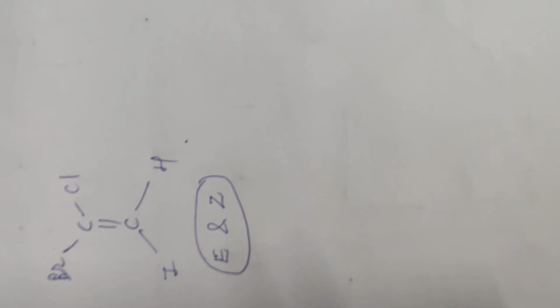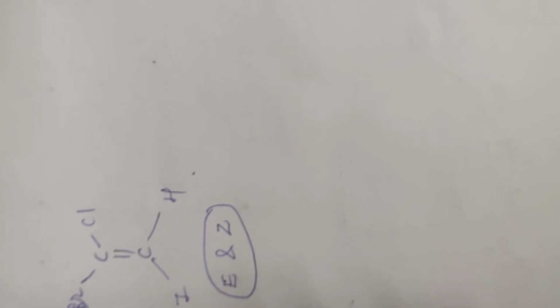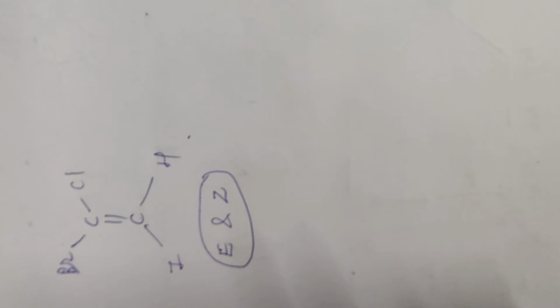So that time we come to the system which is called capital E and capital Z, that is the EZ system of nomenclature, and it is based on the sequence rules, which is the same as we studied in RS nomenclature.